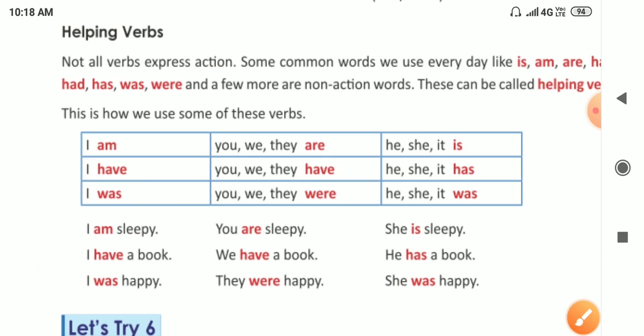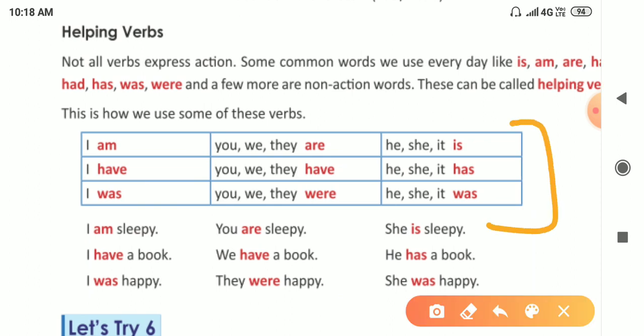First we have to learn this table properly. Please, it's my request, read it two to three times. Only this table: which helping verb we have to use with particular words like I, you, we, they, he, she, it.